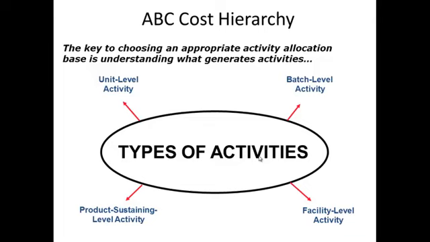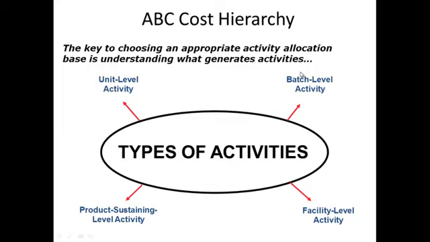Some costs reflect resources being consumed or activities that we're engaging in for every single unit. In other words, those are unit level activities. But there are other costly activities that we engage in not for every single unit, but for every batch of units. Those are batch level activities.